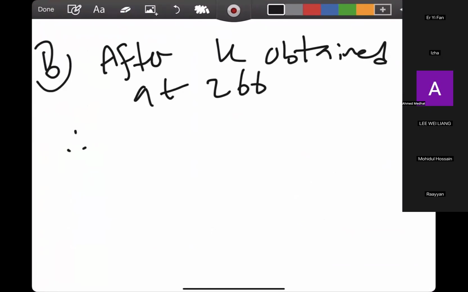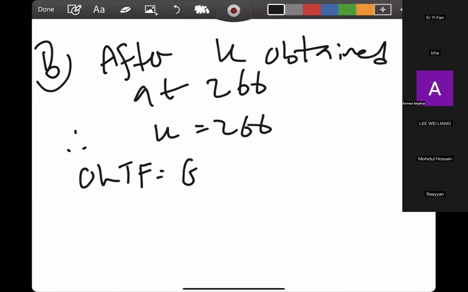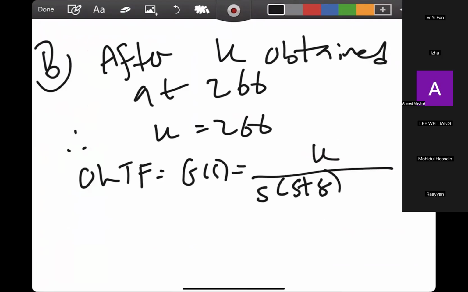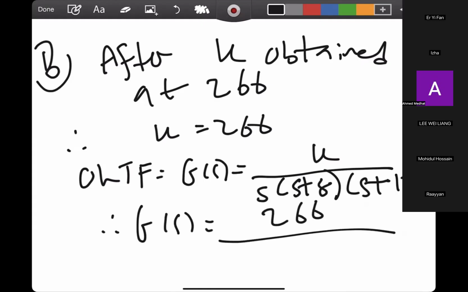So therefore, K is equal to 266, and the open loop transfer function is G(s) = K over (s plus 8)(s plus 12). So therefore, G(s) is equal to 266 over (s plus 8)(s plus 12).